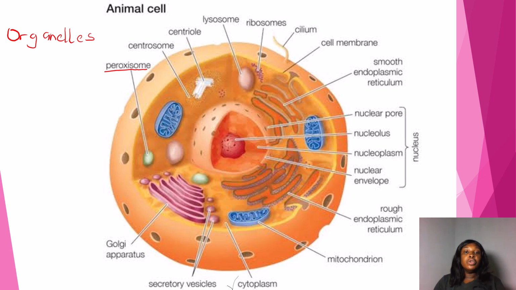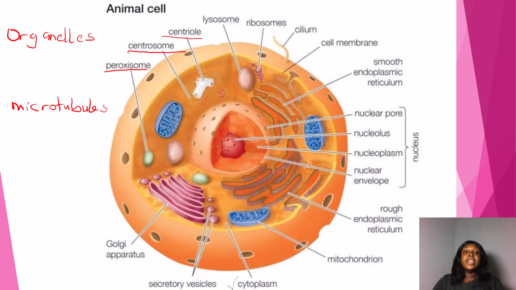Another one we need to look at is the centrosome and the centrioles. The centrioles are found in the centrosome, and these two contain what we call microtubules. And these microtubules are responsible for cell division.